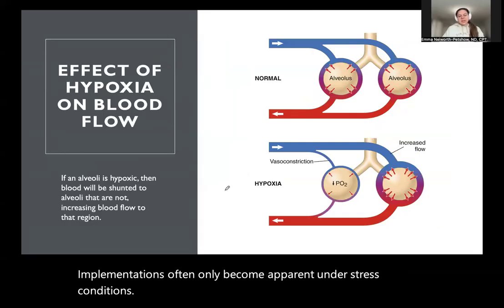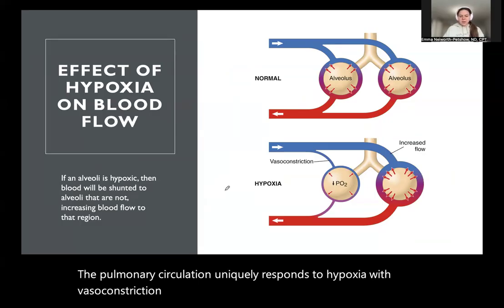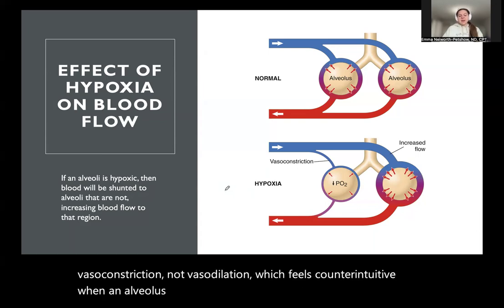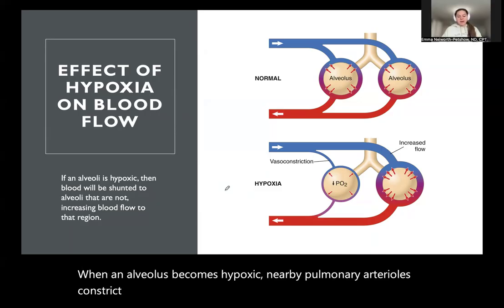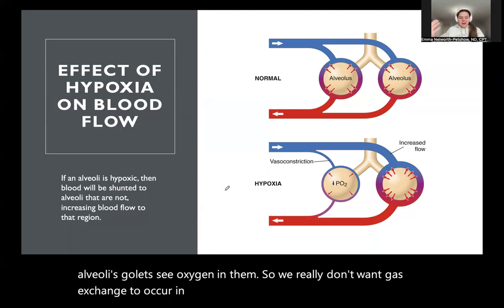The pulmonary circulation uniquely responds to hypoxia with vasoconstriction, not vasodilation, which feels counterintuitive. When an alveolus becomes hypoxic, nearby pulmonary arterioles constrict, shunting blood toward better ventilated alveoli, because the alveoli's goal is to get oxygen in them. So we really don't want gas exchange to occur in an alveolus that doesn't have oxygen.